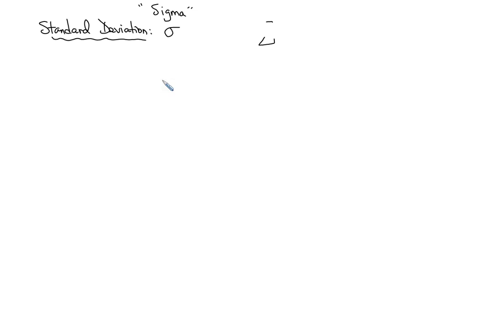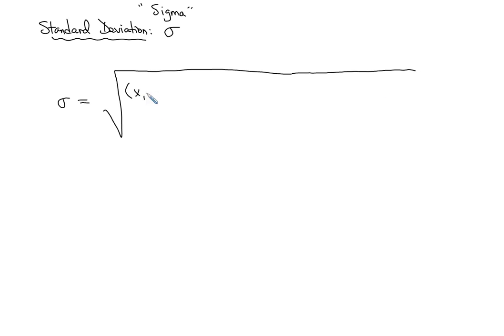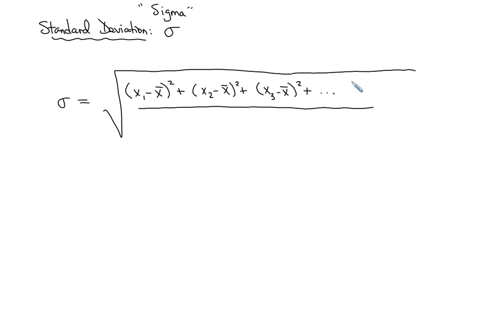The way that you find the standard deviation is the standard deviation is equal to the square root of x1 minus x bar squared plus x2 minus x bar squared plus x3 minus x bar squared plus dot dot dot, and this goes all the way up to xn minus x bar squared, divided by n.